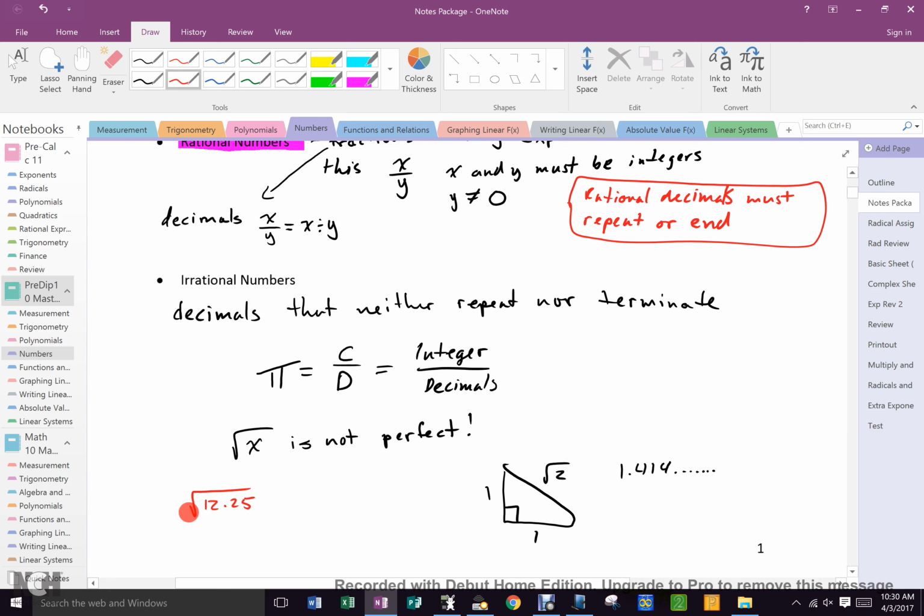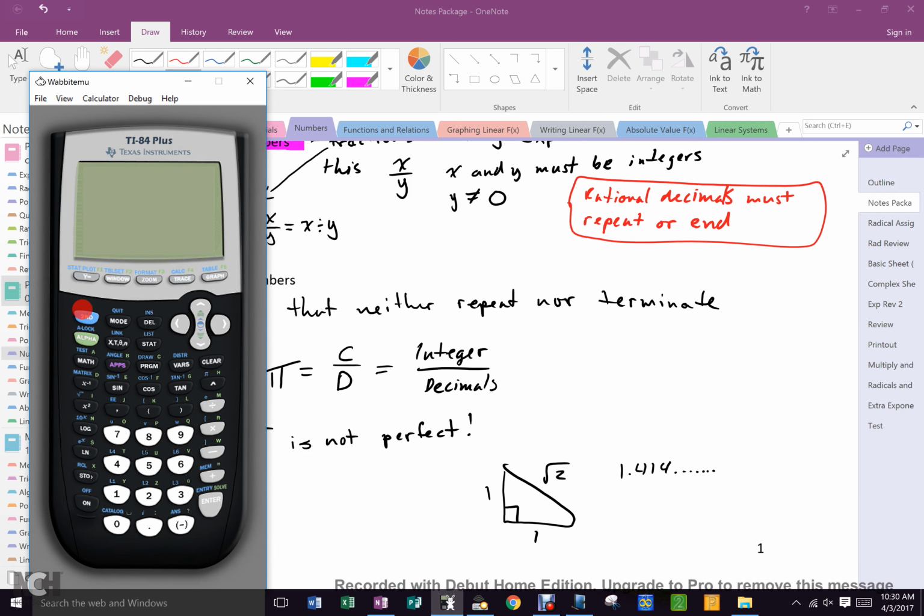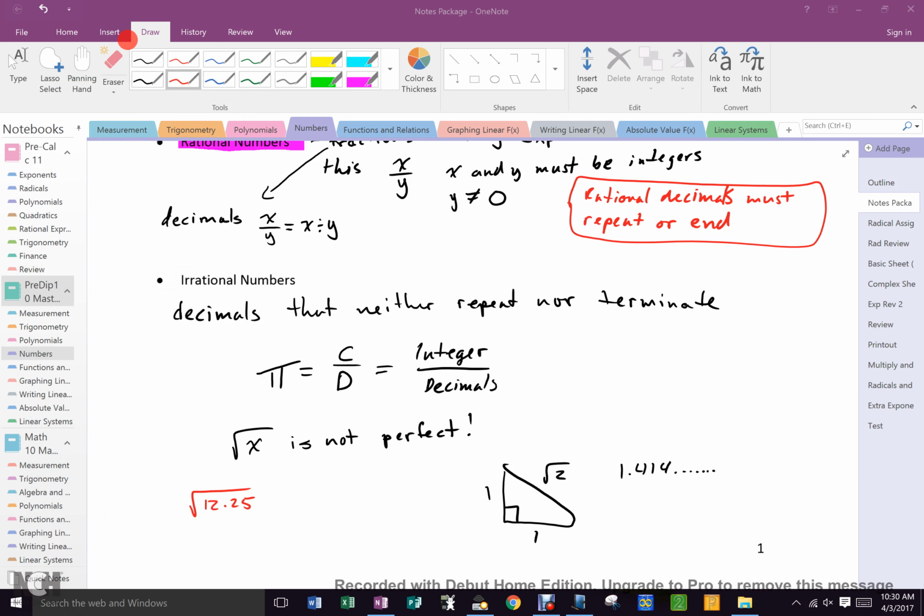Does that look like it's got a square root? Doesn't look like it, does it? But of course, if you check the square root of 12.25, you find that it indeed is a perfect square. Everybody with me? So don't be fooled by looks. Everybody cool? Okay. Let's move it along.